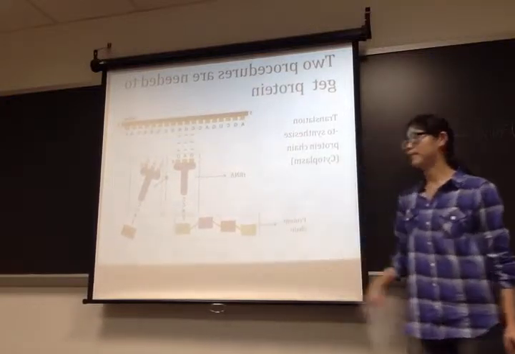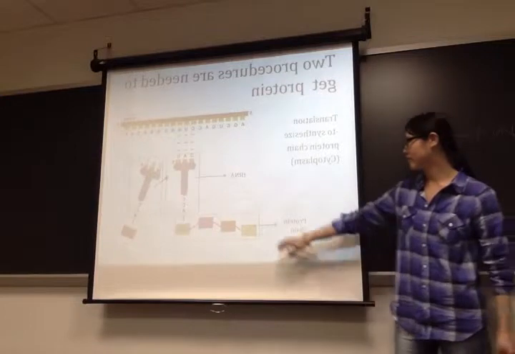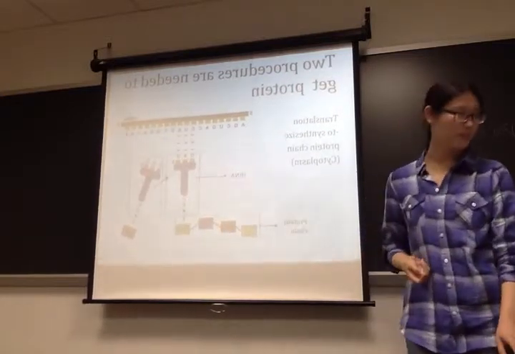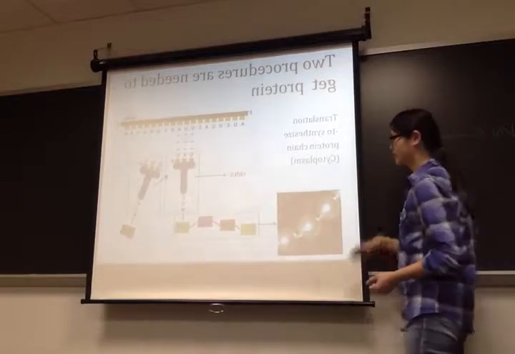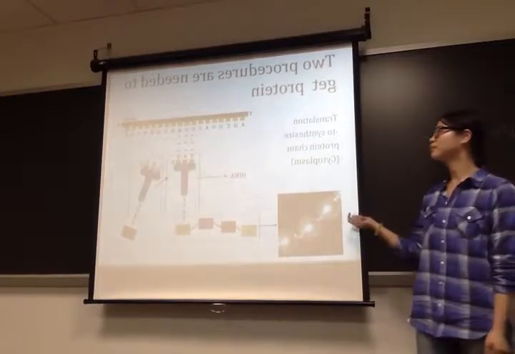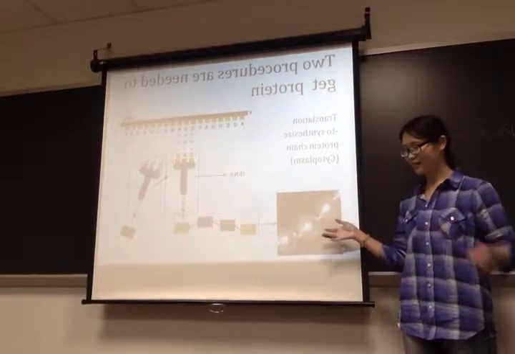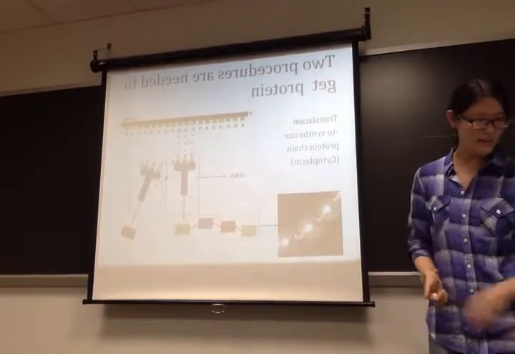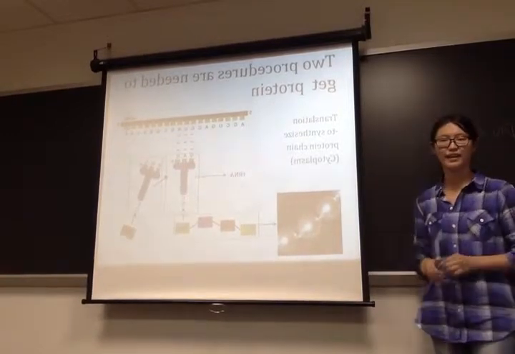The amino acids join hand in hand to make a chain of protein. So after these procedures, we will get a chain of amino acids. It's a kind of pre-protein, we can say.